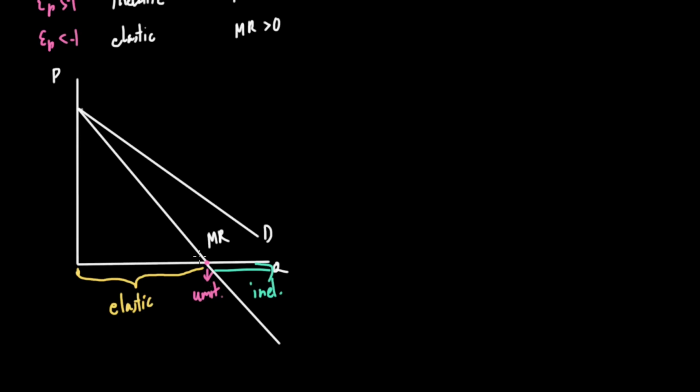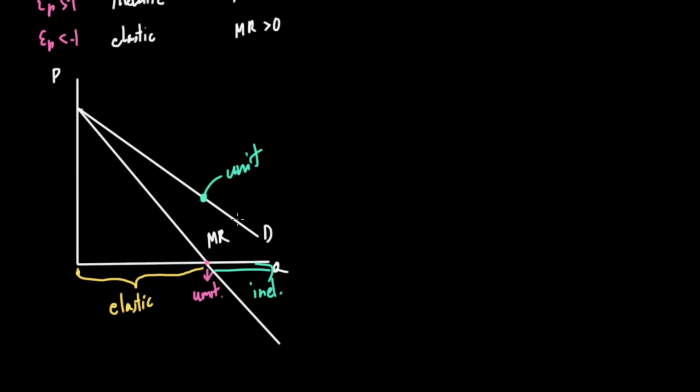And so, for example, if we find that at this point here on the demand curve, the price elasticity of demand is unit elastic, we know that at this quantity, the marginal revenue of the firm is equal to 0.